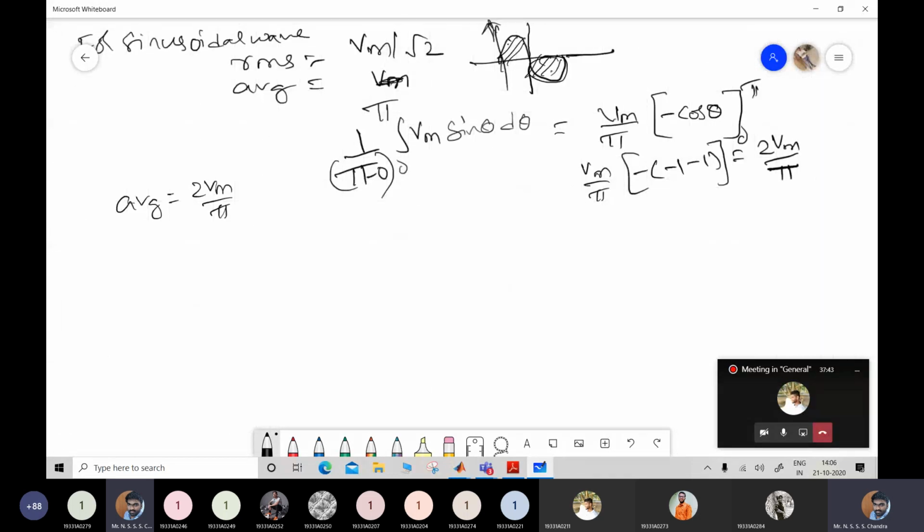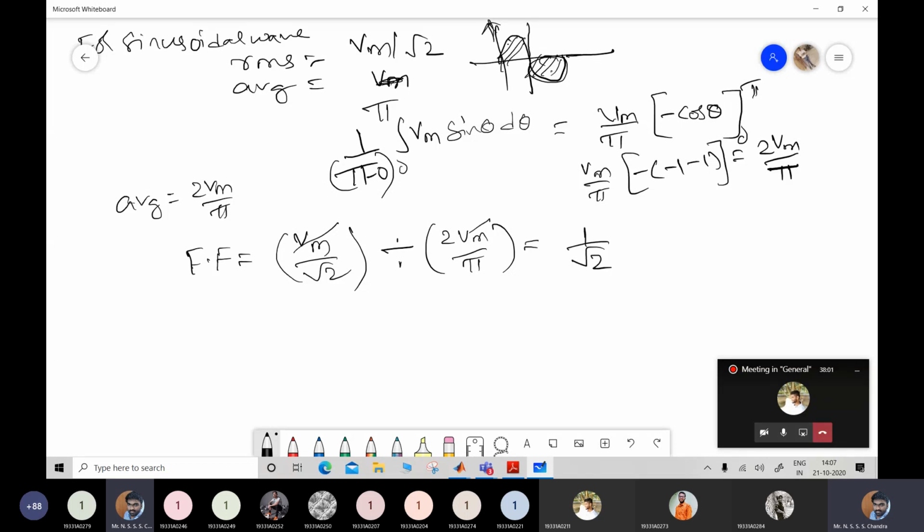So the average value is 2 Vm by pi for a full sinusoidal waveform. Now what will be your form factor? Form factor is the RMS value, Vm by root 2, divided by 2 Vm by pi. Vm gets cancelled. The 2 comes downward and the pi goes to the numerator, so it is pi by 2 root 2.